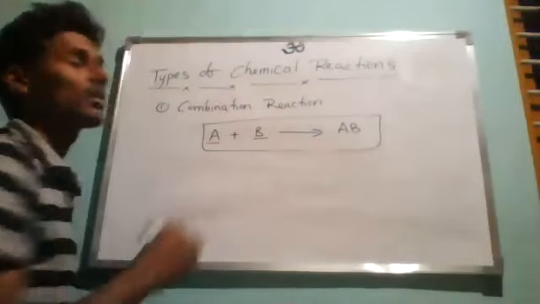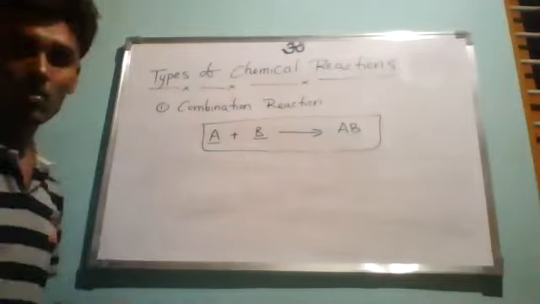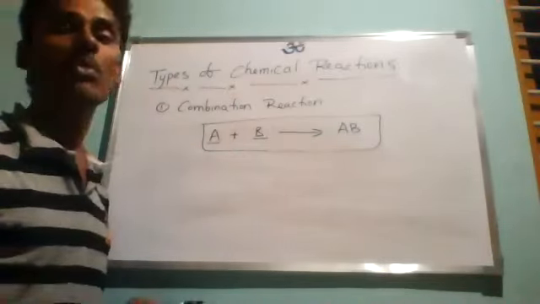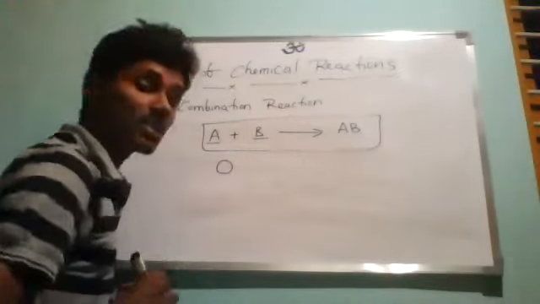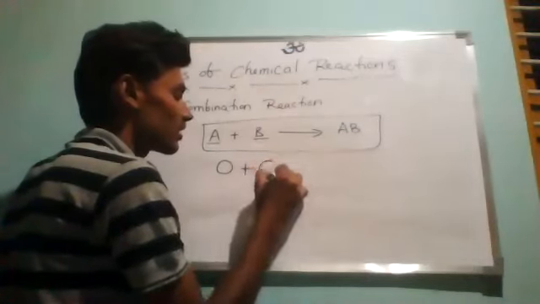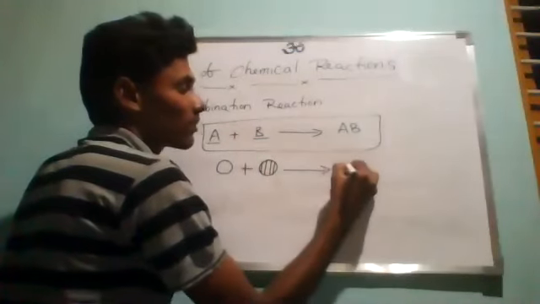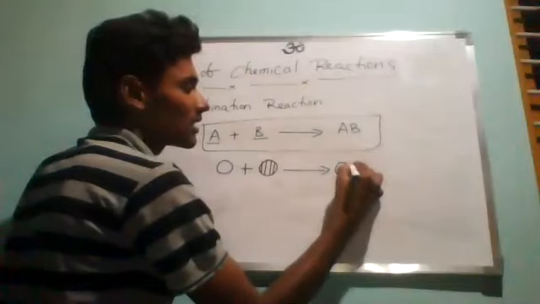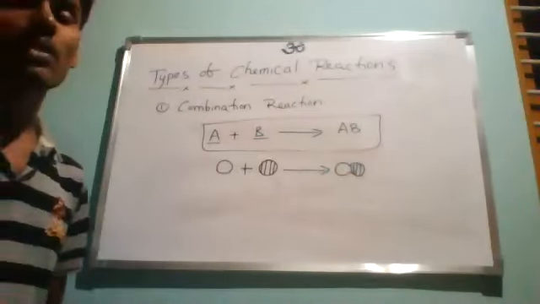If you want it more informative, we can also represent the combination reaction in a diagrammatic, structural way. Let me assume one substance has this structure, and the next substance has a different structure; they will react together and form a single substance. A single substance is formed in combination reactions.